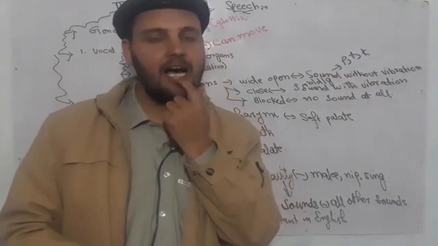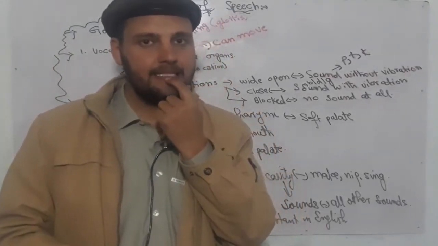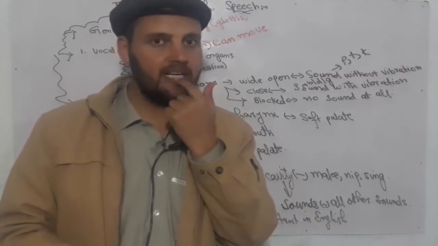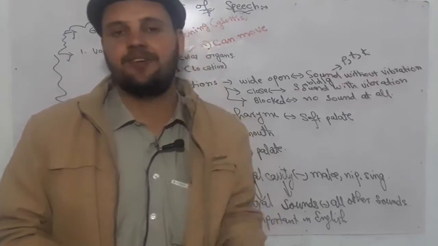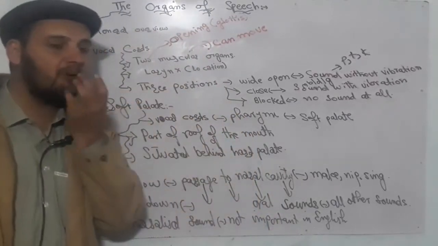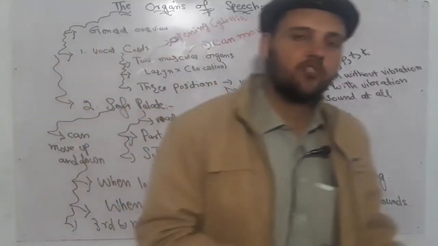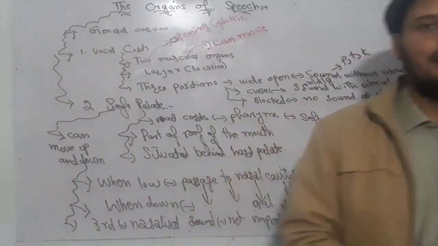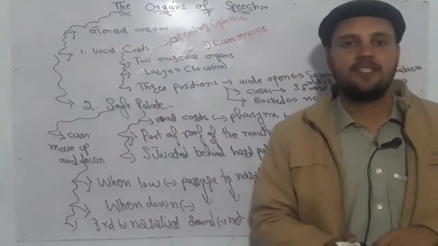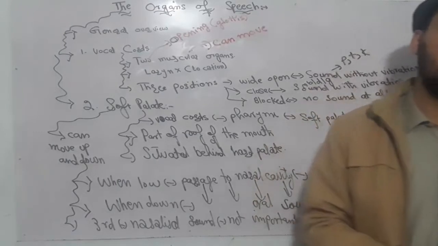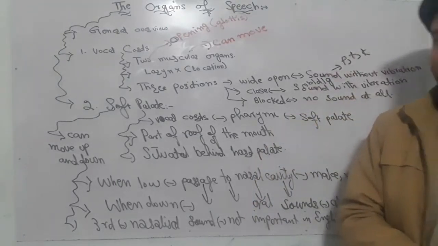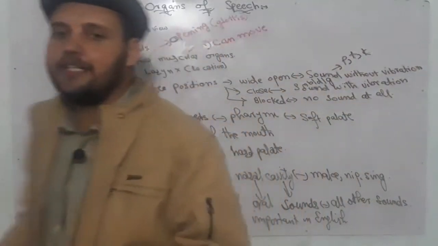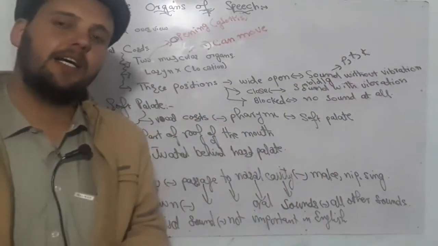When I say fa, the lower lip goes up and touches the upper teeth. If I do not talk about my teeth ridge, which in Pashto we call ray, I can't pronounce the ta and da sounds.